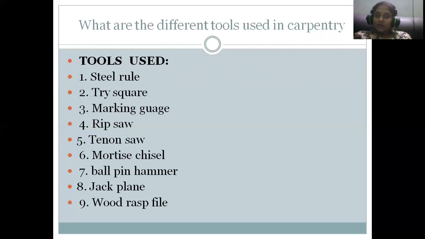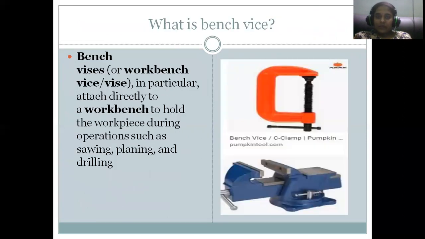So you may say the tools you used, like steel rule, try-square, marking gauge, rip saw, tenon saw, ball pein hammer, jack plane, wooden rasp. Sometimes he may ask for a specific number, just say three, two, or however many you have used. You can name them. Second, what is a bench vise?